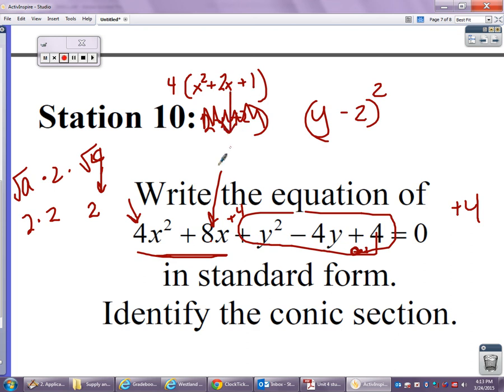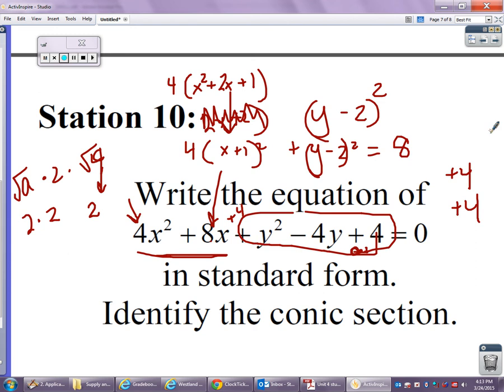Then that factors into, I'm going to leave the 4 on the outside, x plus 1 squared plus y minus 2 squared equals, and then the only thing on the other side right now, I added a 4, so I have to add another 4 on this side. And I have this 4 on that side, so really we have equals 8.